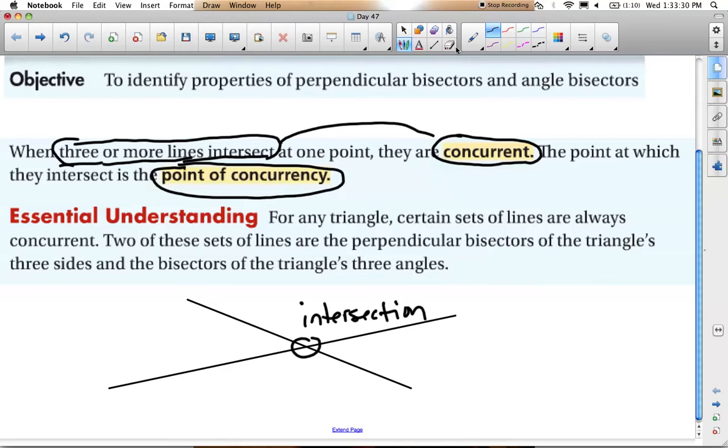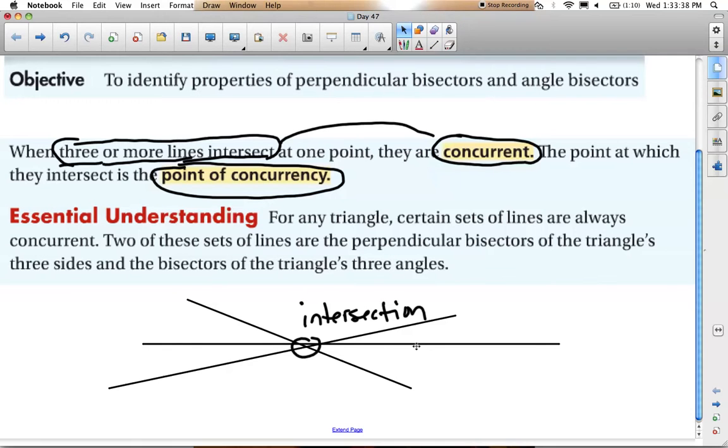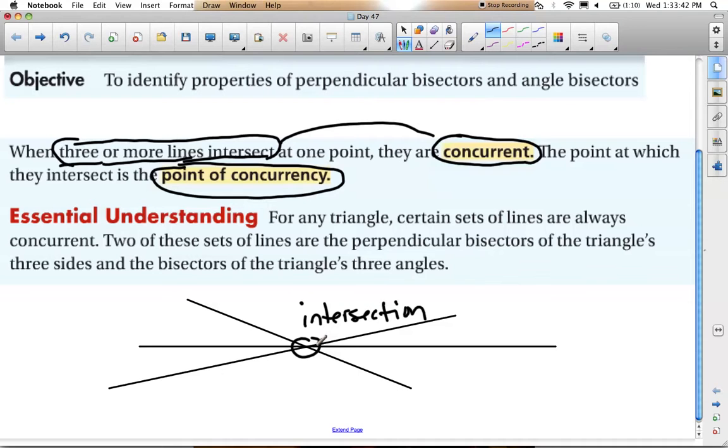But when we have three or more lines cross, so if I have another line and it crosses, let me adjust, and there we go. So now, yes, this is still called the intersection, but more precisely, we're not going to call it the intersection. And the reason why is we have three or more lines.